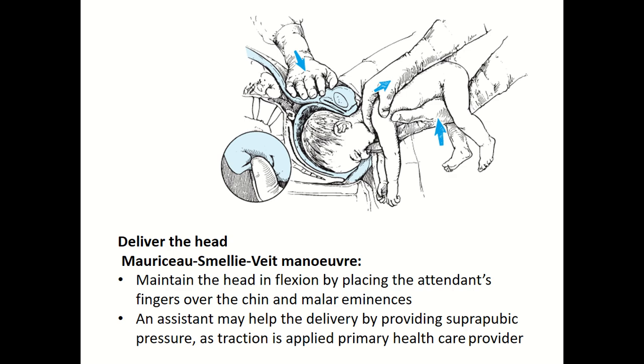Now for the Mauriceau-Smellie-Veit maneuver, ensure you maintain the head. Still, we are talking about this time and time again, because this is the maneuver that you use for delivering the head of the baby when the rest of the body has been delivered already. You keep the head still flexed by placing your finger over the chin, as you can see here, your finger over the chin and molar prominences.